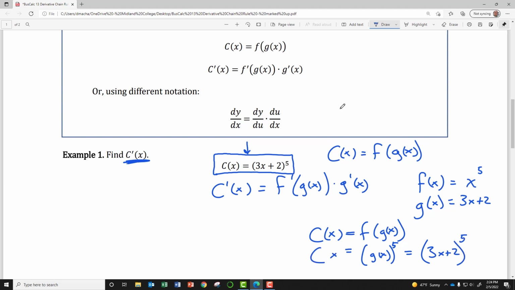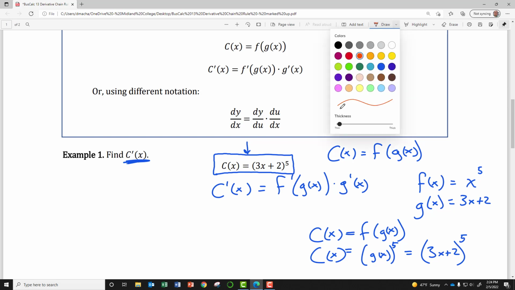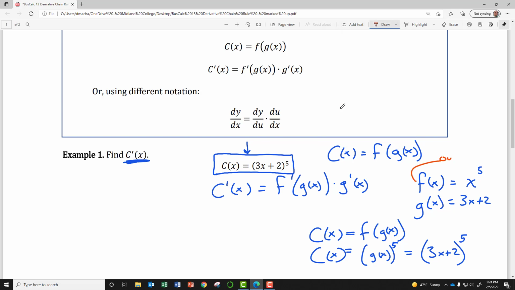So this works to get my c function whenever I actually compose these two. And so I've actually picked a good function for my outside function, which I'm calling f of x, and also my inside function, which I'm calling g of x.